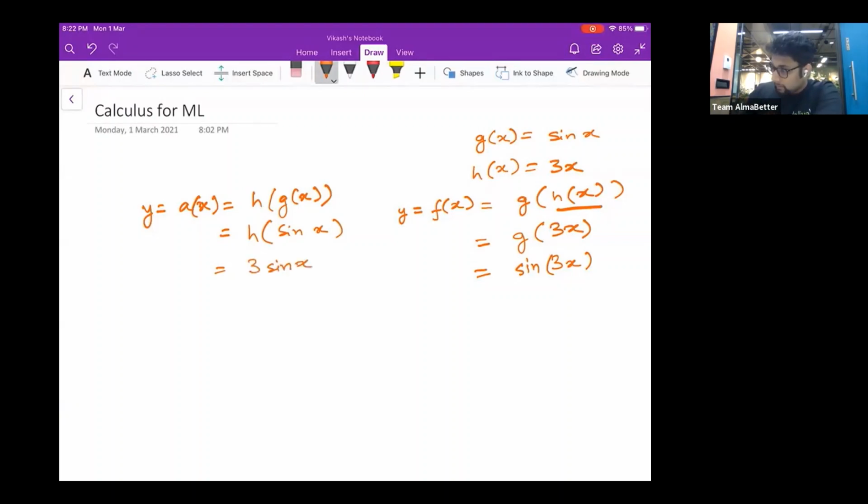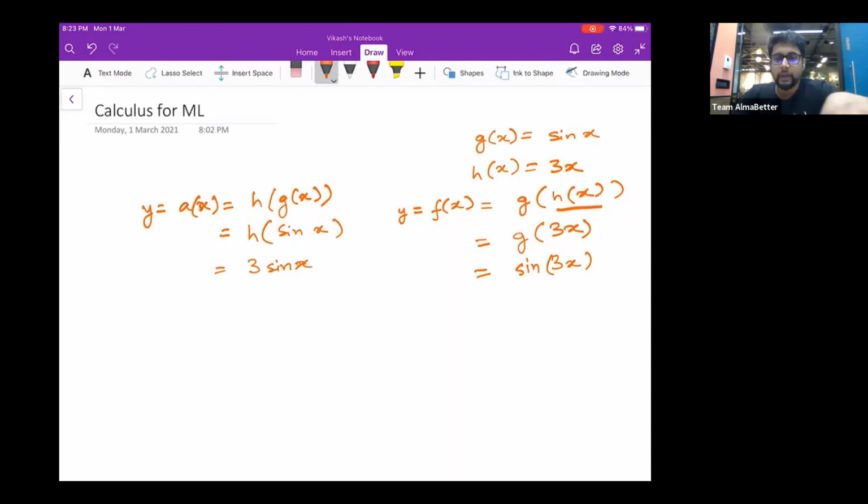Now how do you calculate the derivative of these functions, right? Some of you might remember you have standard formulas for derivatives of standard functions. For example, x to the power n, you have a certain formula, and for sin x, cos x.